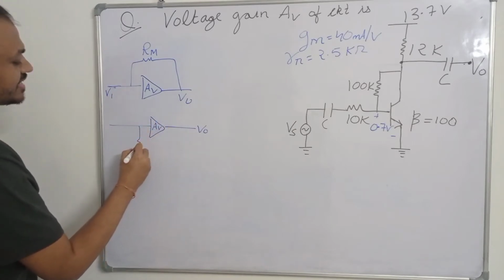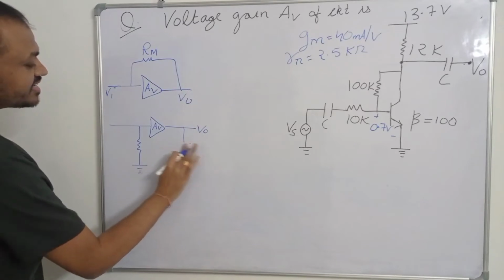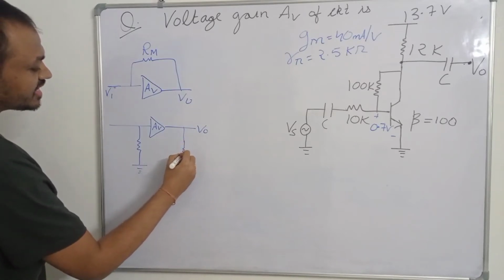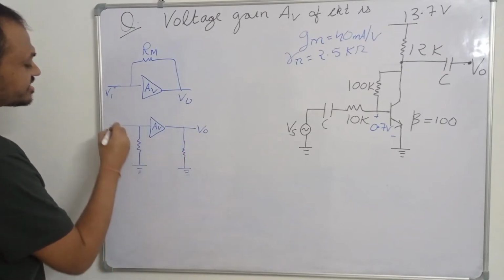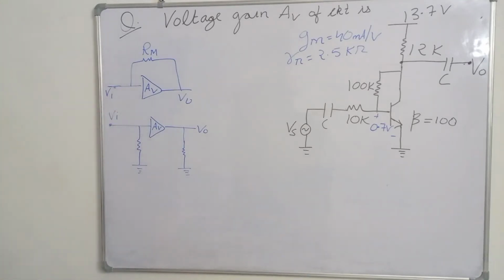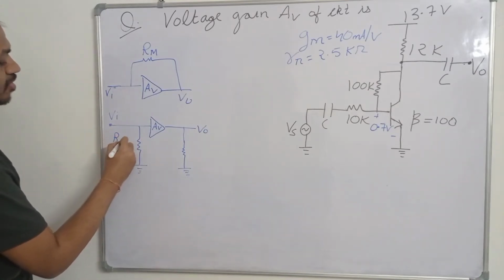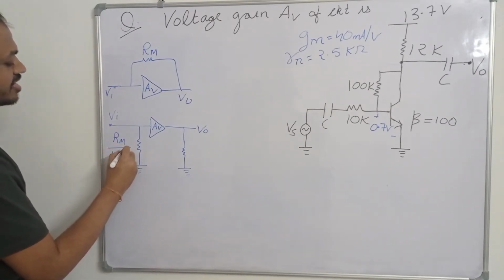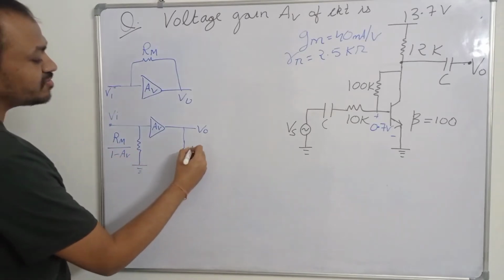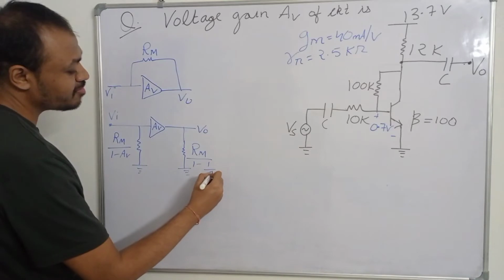We can divide it into two resistors according to Miller's theorem. One resistor is connected between input and ground, and the second resistor is connected between output and ground. This value will be equal to Rm upon 1 minus AV, and this value will be equal to Rm upon 1 minus 1 upon AV.